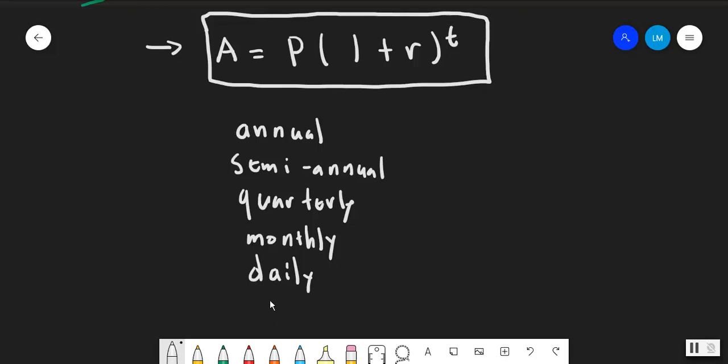Now, there's another form of compounding which deals with continuously. Continuously is actually a hypothetical situation where you ask what if it was compounded every single moment, or every minute, every second, and so on.